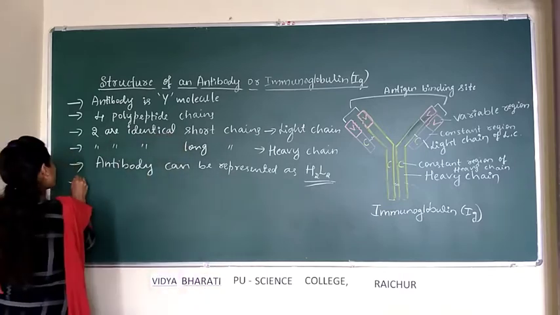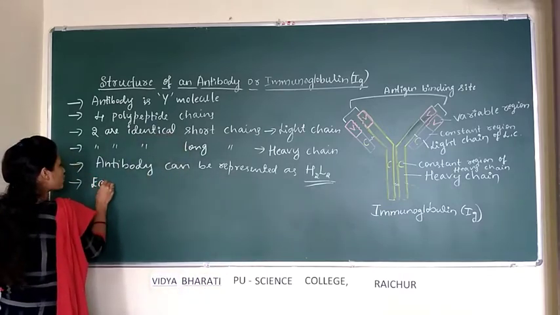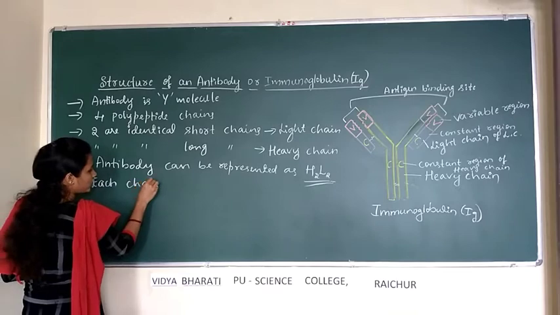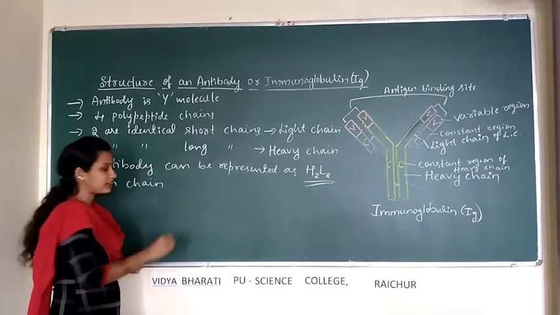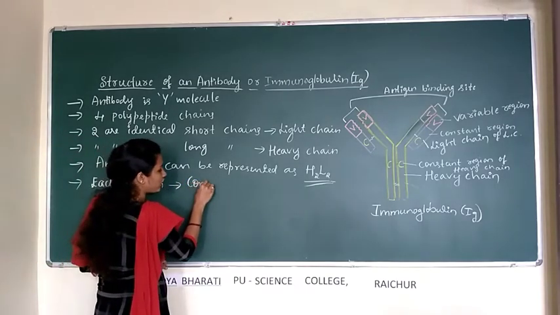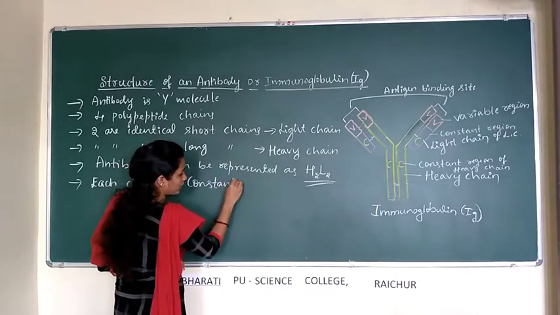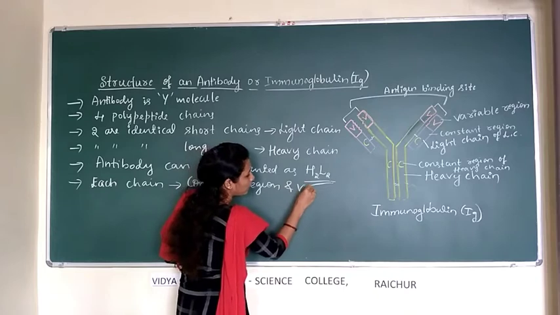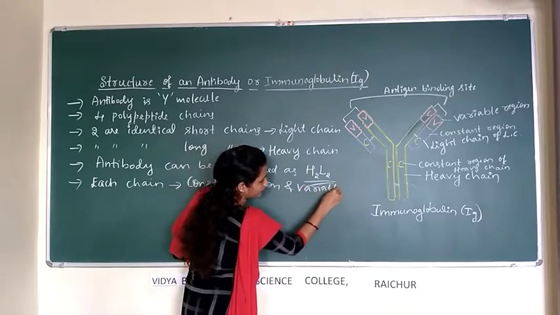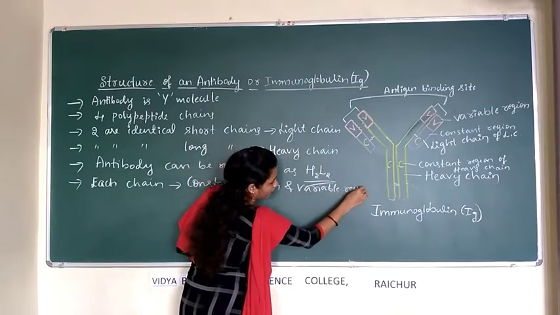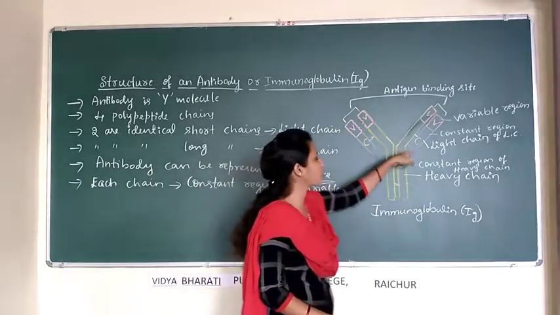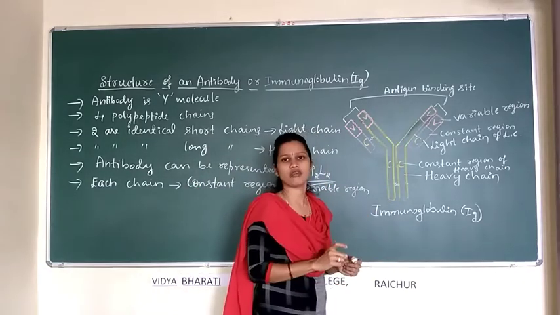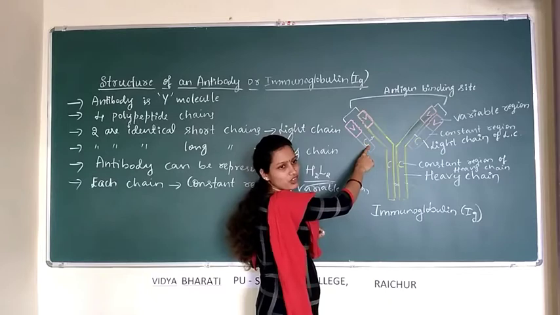Then each chain contains a constant region and a variable region. See, there are 4 chains. In each chain we can see the presence of a constant region.